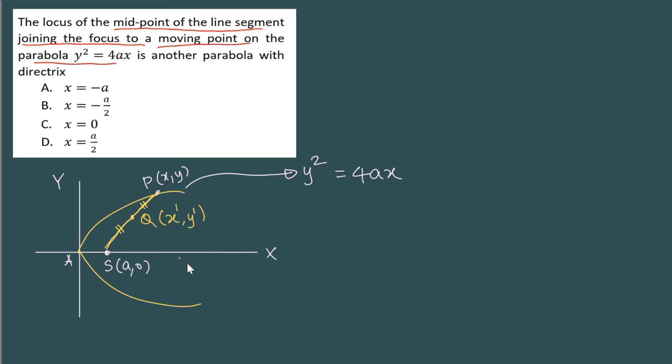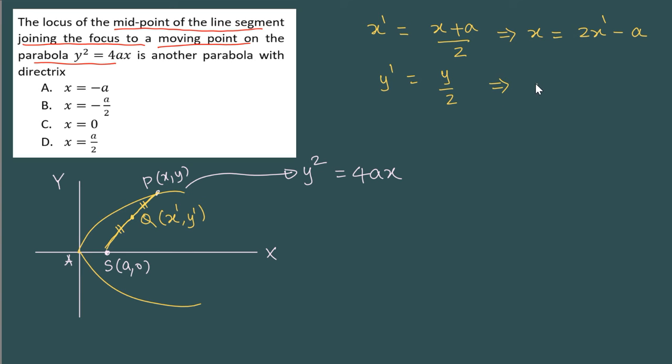So here we can clearly write x prime is x plus a by 2. So from here we can write x as 2x prime minus a. And y prime is simply y plus 0 by 2, which is y by 2.